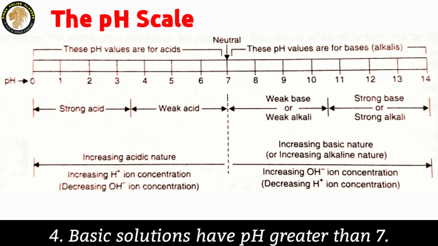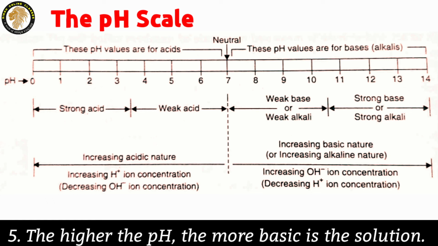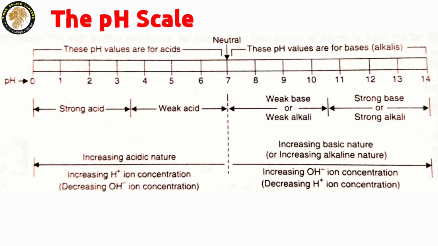Fourth point: basic solutions have pH greater than 7. Fifth point: the higher the pH, the more basic the solution. You can see the pH scale shown on the screen, and here you can see the different positions from 0 to 14: strong acids, weak acids, weak bases, strong bases. Here you can easily understand with this figure.